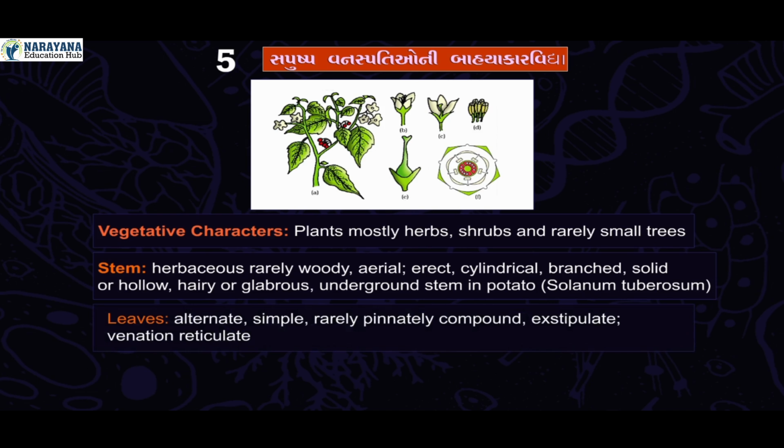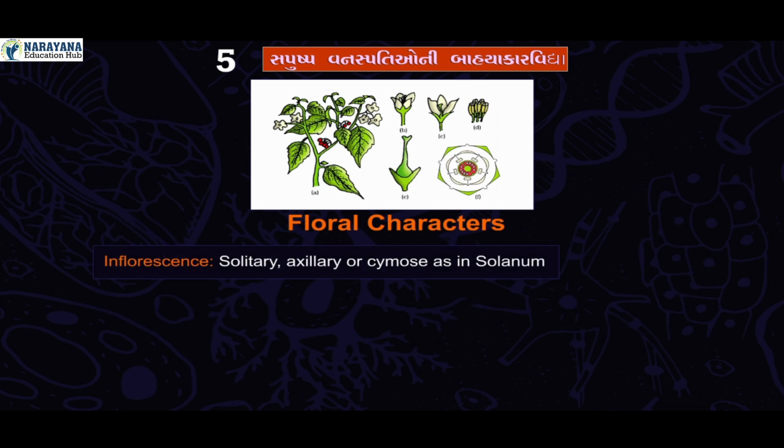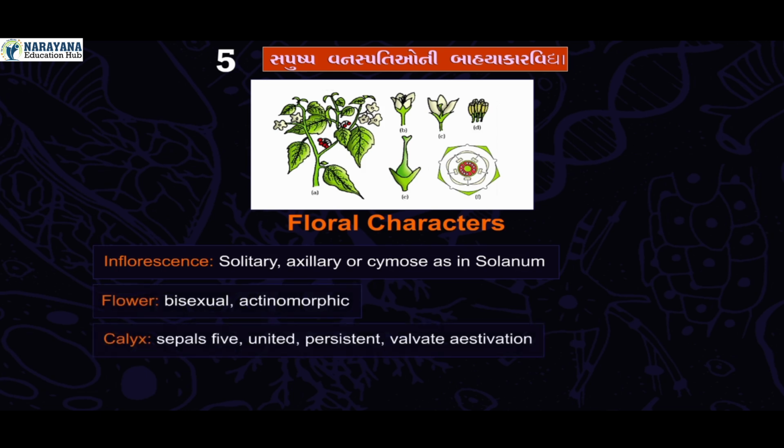Leaves alternate, simple, rarely pinnately compound, exstipulate, venation reticulate. Floral characters: inflorescence solitary, axillary or cymose as in Solanum. Flower bisexual, actinomorphic.